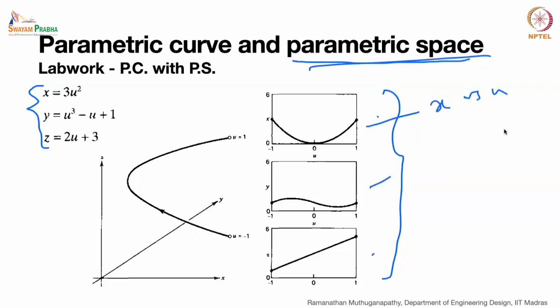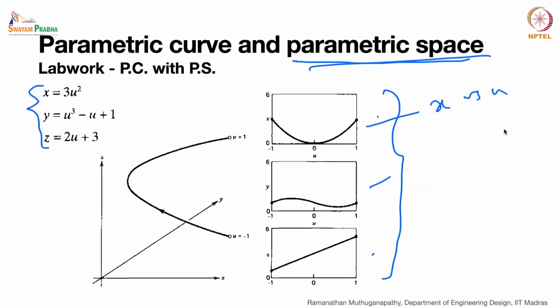So you can go back and forth. I can give you some shapes in the parametric space, and you can try to deduce what happens in the Cartesian space or any other coordinate system. Those things are a little more involved, but this is the basic idea of how you display a given parametric equation.